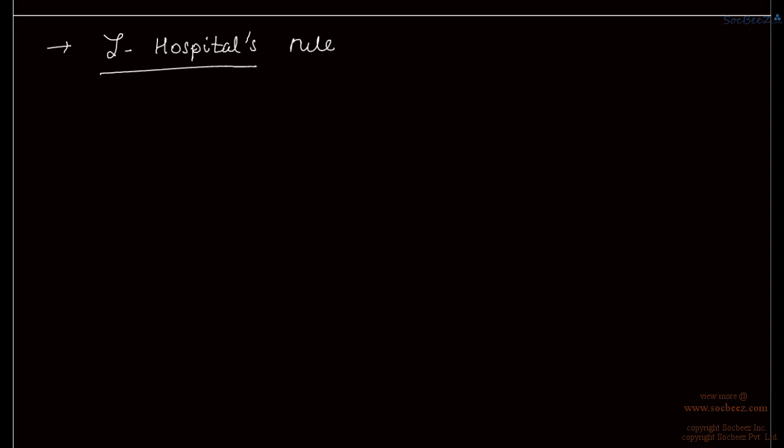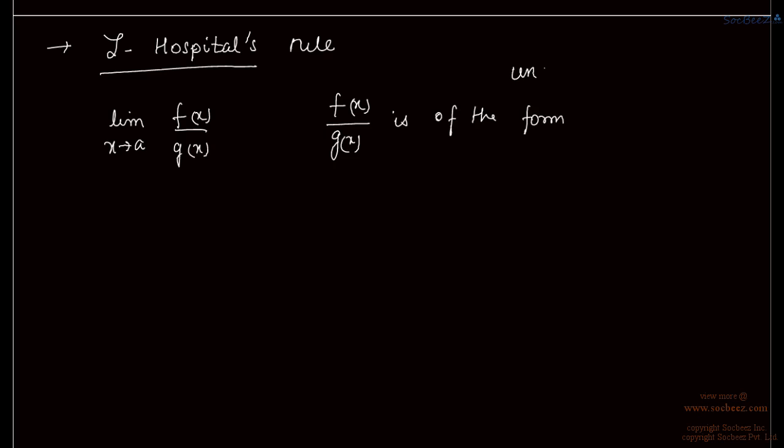So if we have limit x tends to a, f(x) upon g(x), and f(x) upon g(x) is of the indeterminate form, we are talking about indeterminate form, that is of the form 0 by 0 or infinity by infinity.